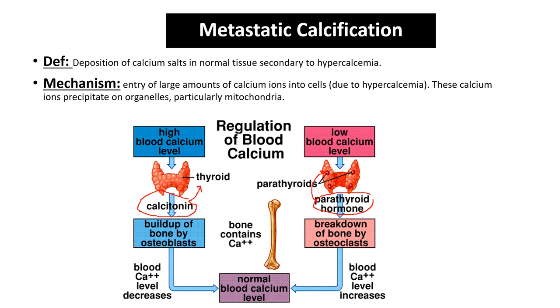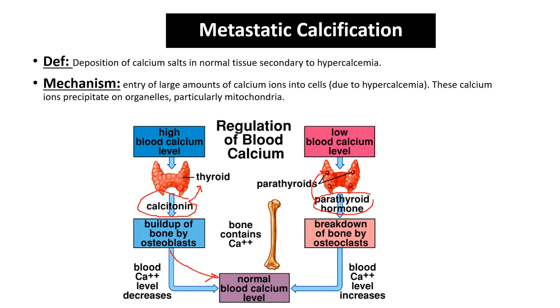Basically, the calcium that gets into the bone will be used by osteoblasts to make bone. And by taking care of the high calcium in the blood and putting it in the bone, usually the calcium level returns to the normal condition. So it adjusts the level of the calcium.